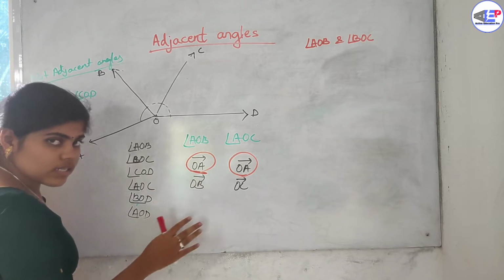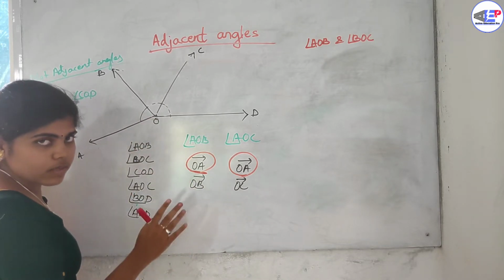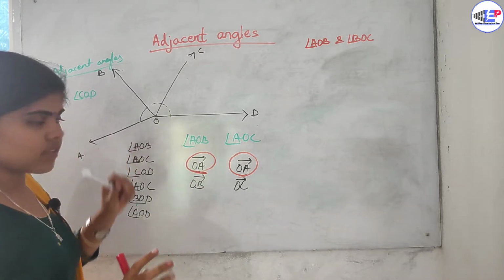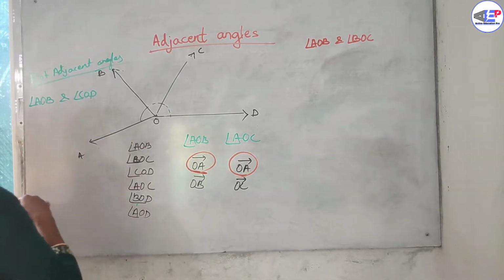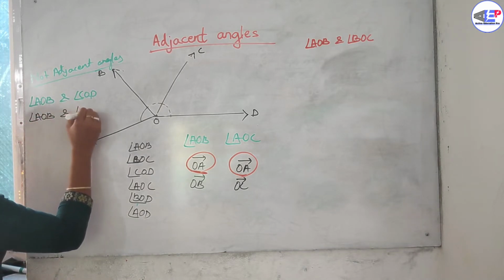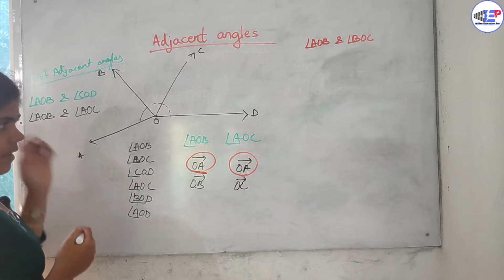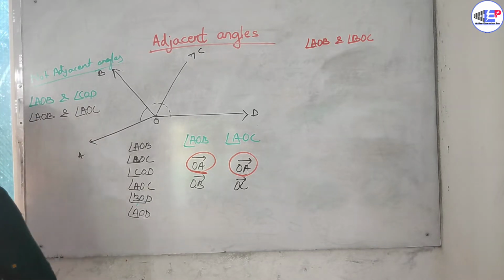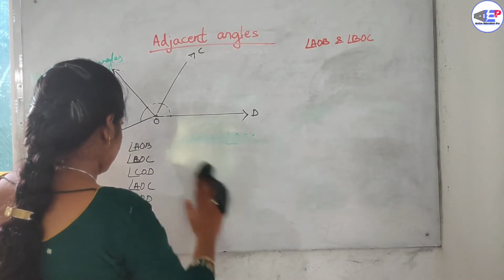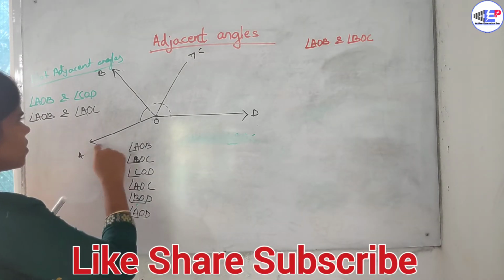So these two angles do not satisfy the second condition. AOB and AOC are not adjacent angles. Then the next pair, AOB and BOD.